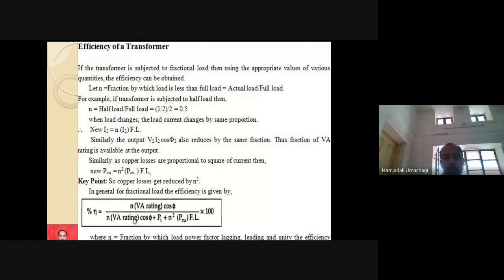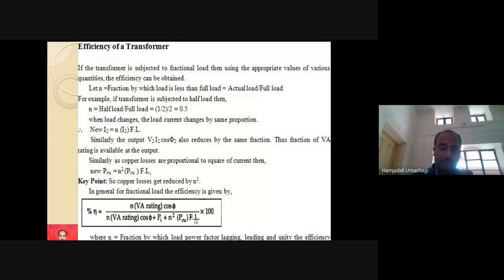Just remember this formula, it is important while solving numerical problems. Efficiency is output divided by input. Output is n VA rating cos phi, divided by input. Input is nothing but output plus total losses. Total loss is nothing but Pi, the iron loss, plus copper loss, that is n square Pcu,FL.